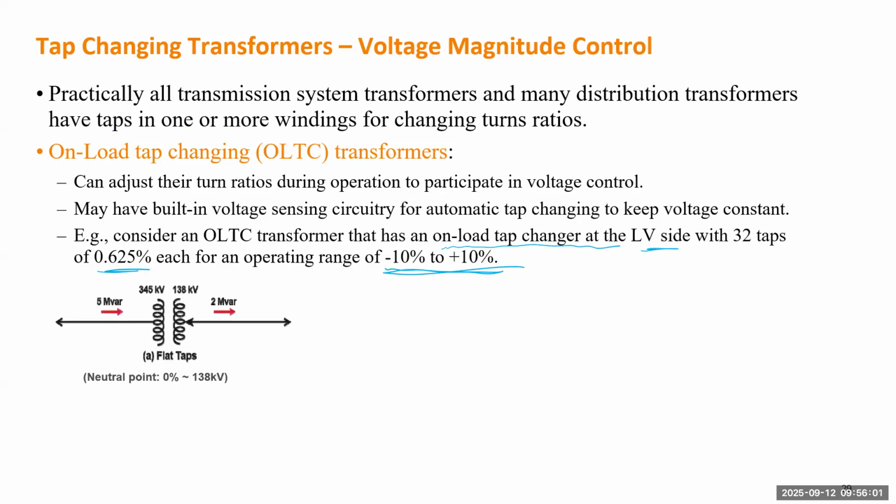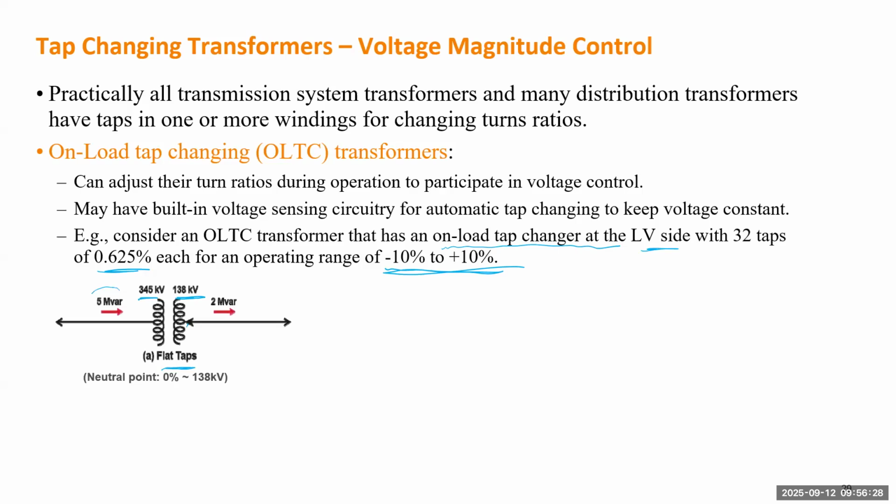Let me give you a real example. This transformer is a step-down transformer. The primary side is connected to 345 kV, the secondary is 138 kV, and it has 32 taps. Right now the tap is at the neutral point, so it doesn't move up or down.